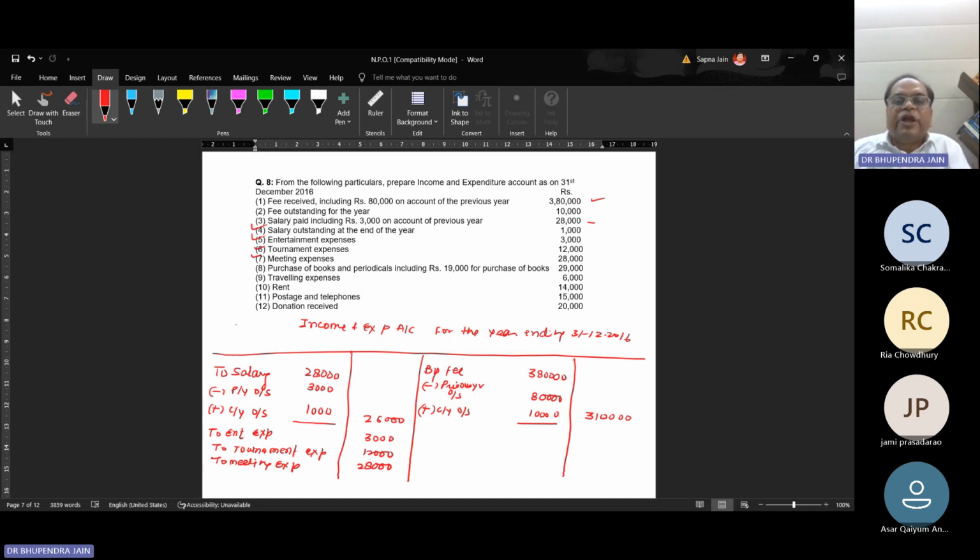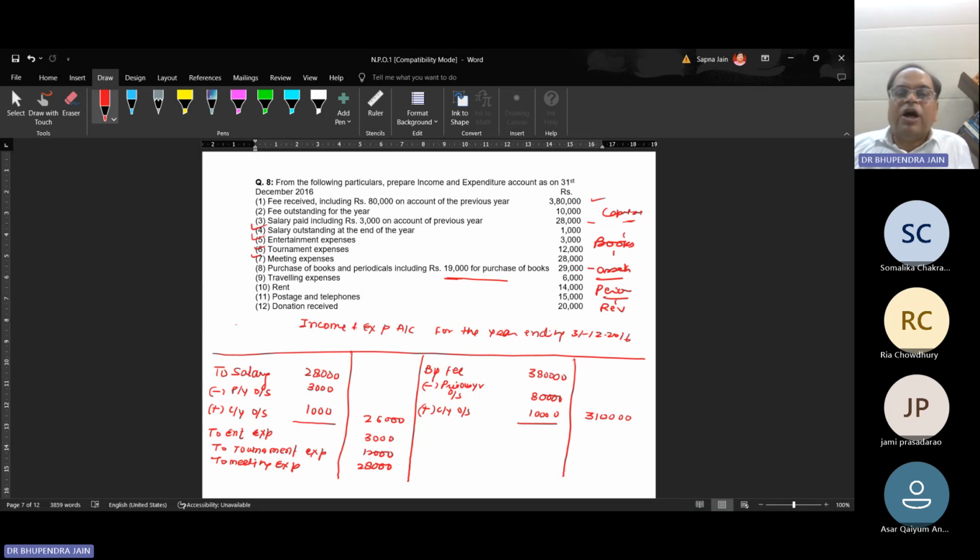Purchase of books and periodicals, including 19,000 for purchase of books. Total is 29,000. Clear, beta? Beta, books is an asset. Books are our what? Assets. But periodical is not an asset. Periodical is a revenue expenditure, and books is a capital expenditure. We can use the books in the future, and periodicals means journals, newspapers.